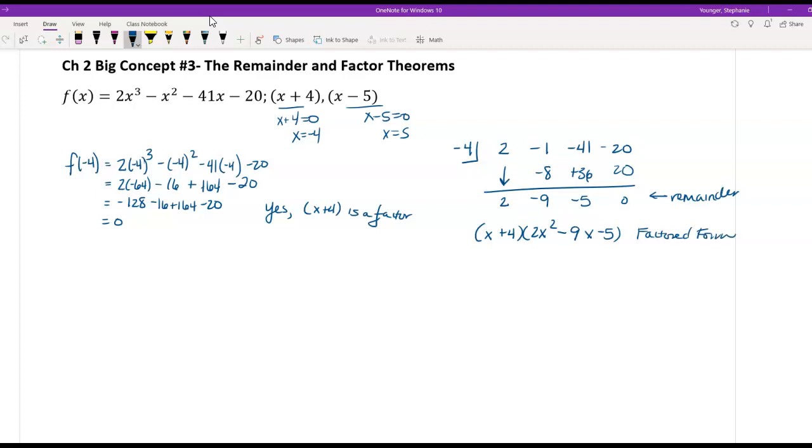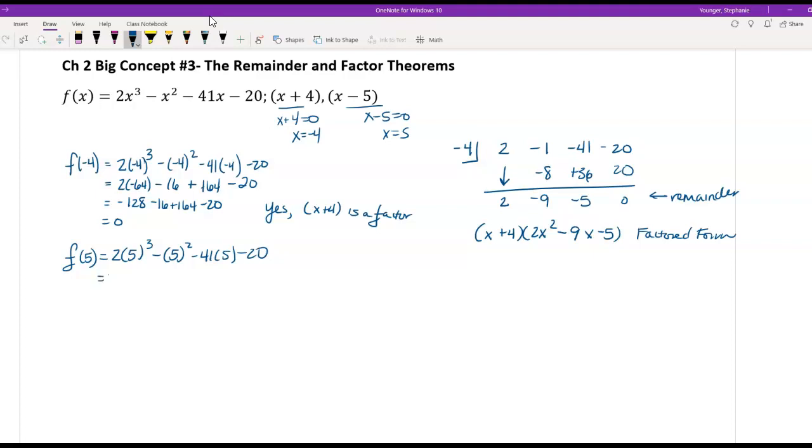All right, now it says check x equals 5. So now we do f of 5. So 2 times 5 cubed minus 5 squared minus 41 times 5 minus 20.